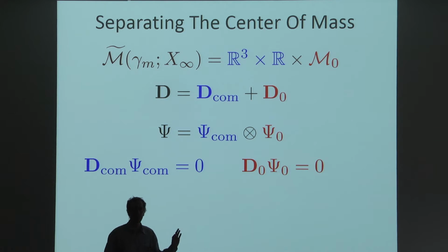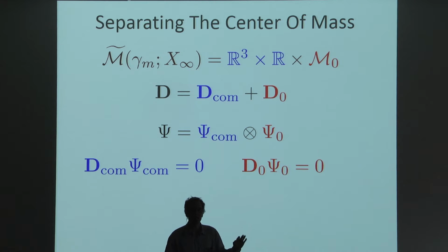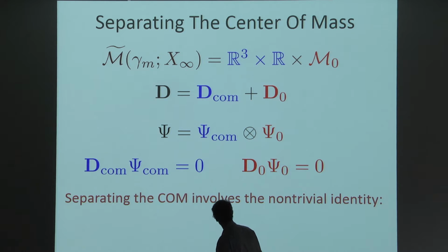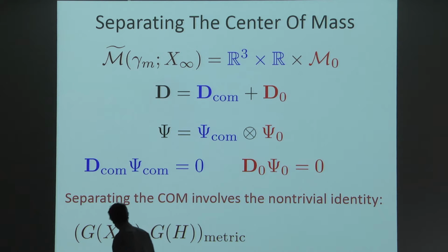The one subtlety I want to mention here is that in order to really do that separation of variables, you need a very surprising identity, at least surprising to me.